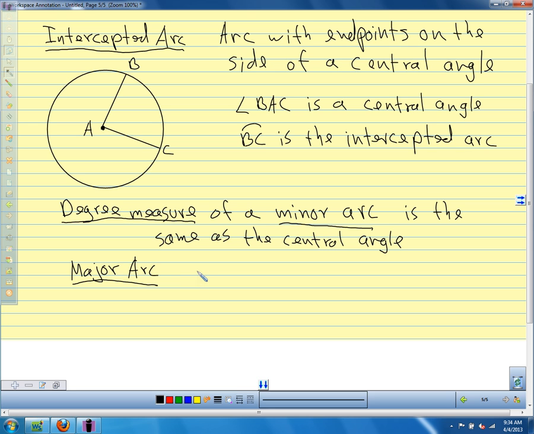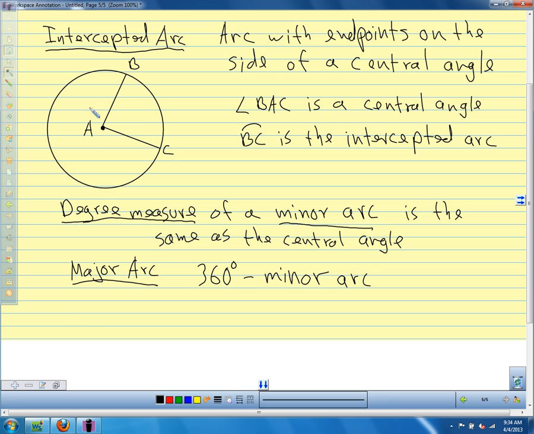So the degree measure of the major arc is 360 degrees minus the degree measure of the minor arc. So if we figured out that this arc was 57 degrees, to figure out the arc going all the way around here, we would do 360 degrees minus 57 degrees to figure out the major arc. Yes? Quickly.